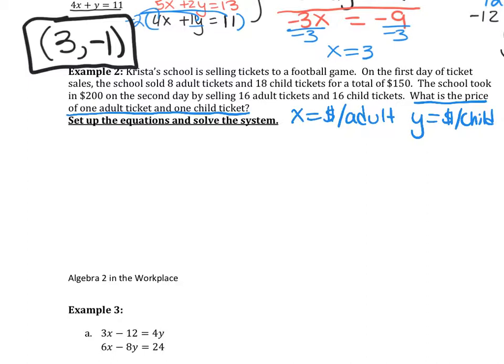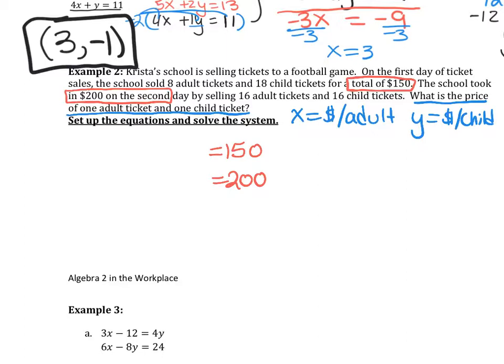Okay, then we need to find our totals. So we have 2 different days that we're selling tickets, and they have 2 different totals. They sold $150 worth the first day, and then $200 on the second day. So one of our equations will equal 150, and one will equal 200. So our totals are the total amount of money.